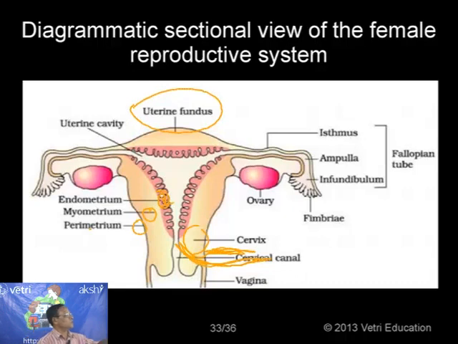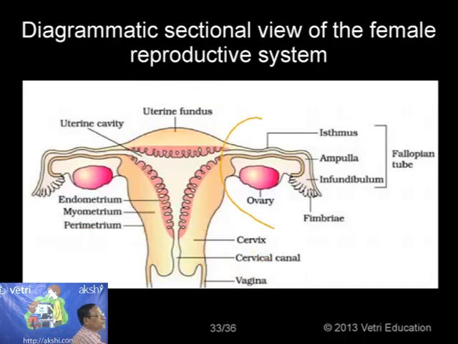The other structure I described is the conducting system, the fallopian tube. The fallopian tube is differentiated into the infundibulum, the ampulla, the enlarged part, the isthmus, and the intramural part, the part of the tube that enters the uterus.